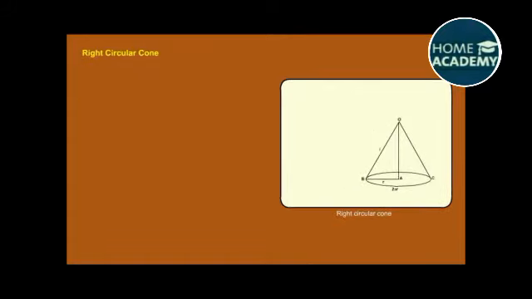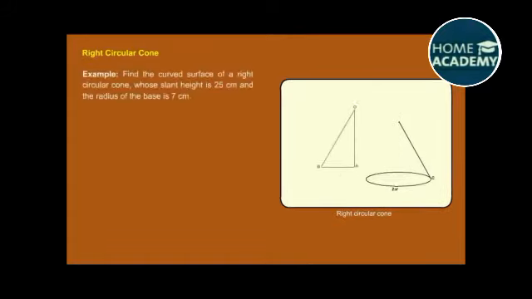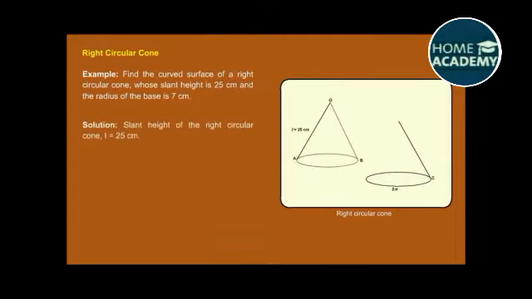Right circular cone. Example. Find the curved surface of a right circular cone whose slant height is 25 cm and the radius of the base is 7 cm. Solution. Slant height of the right circular cone L is equal to 25 cm.